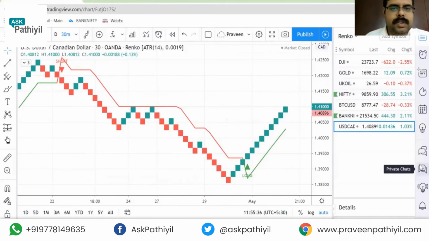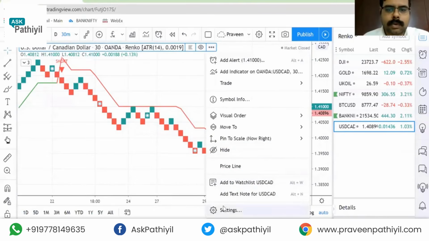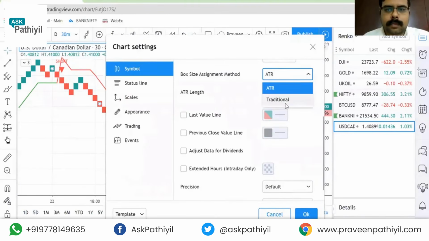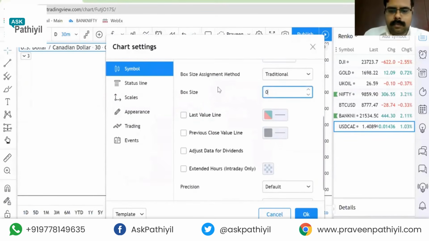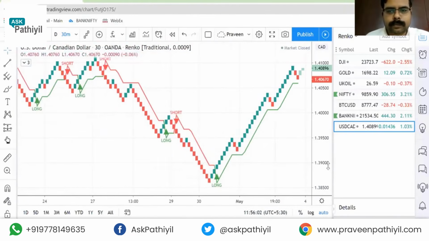This is 0.0019, so I'm just making it half of it, which means I'm going to take 0.0009. Done. The last two trades were really good. And I'm using it on a 30-minute chart.